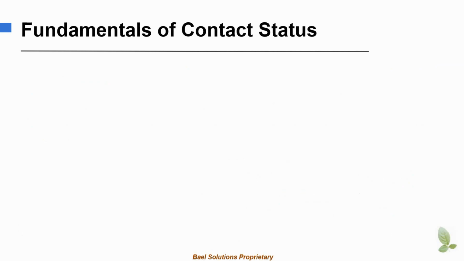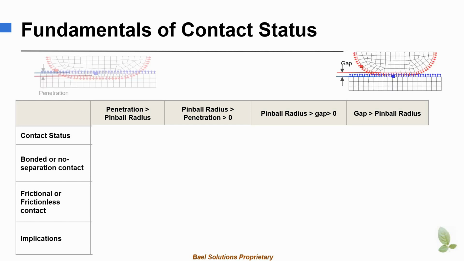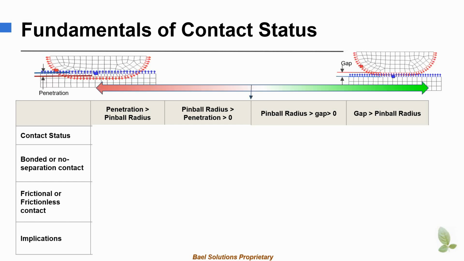In the previous slide, we saw the concept of a pinball radius. The table in this slide shows different contact designations for different gap and penetration conditions between the contact and the target elements. This is known as a contact status.